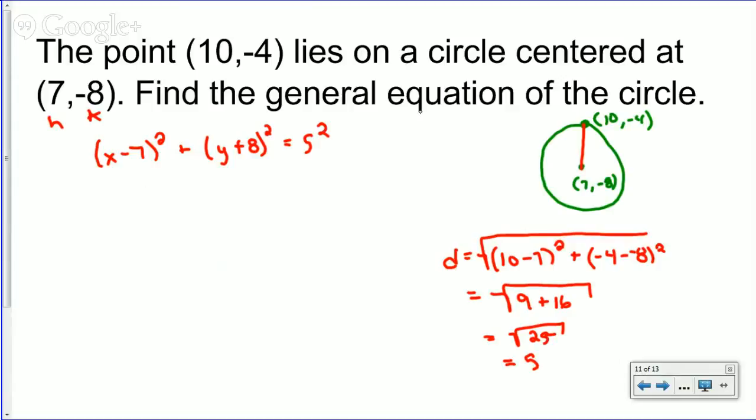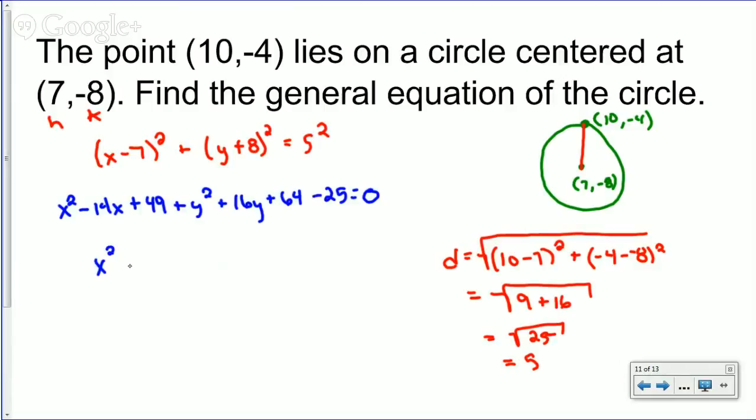So general, I want to multiply all this out. So I've got x squared minus 14x plus 49 plus y squared plus 16y plus 64 minus 25. So I went ahead and moved that to the other side.